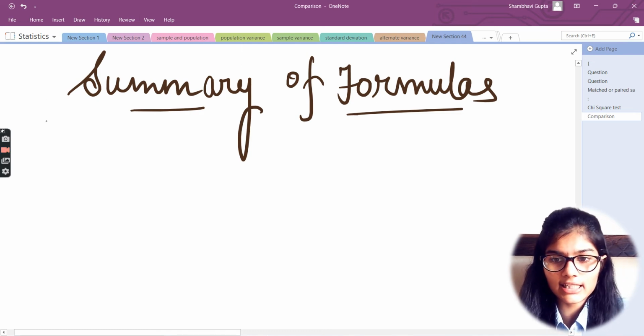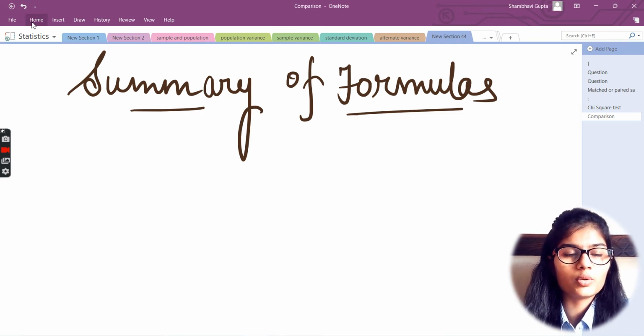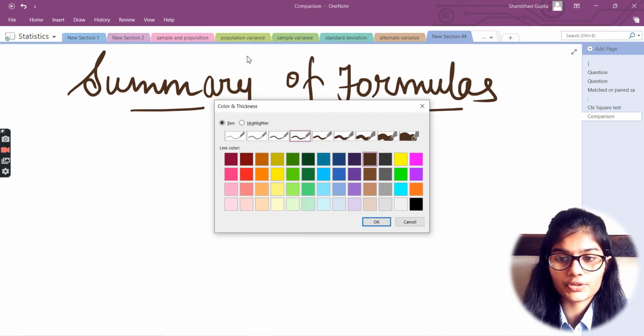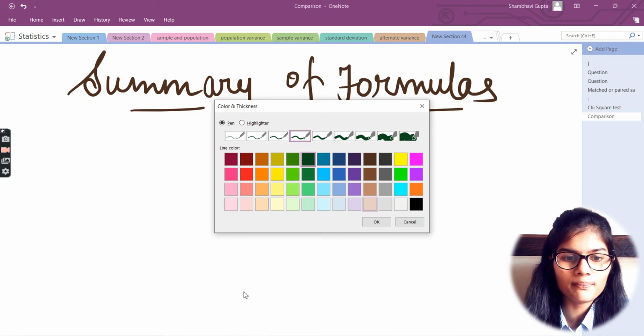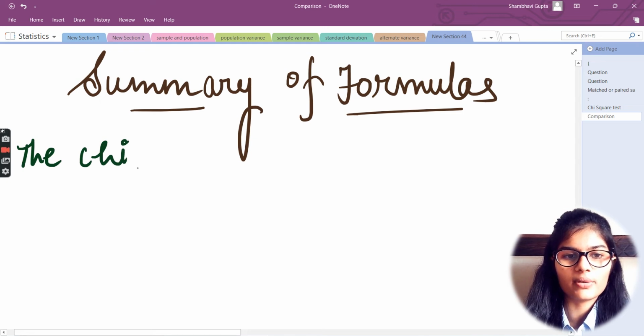Okay, so I'll be starting with the quick summary. Let me take a new color, let's say this one. Let's start. For the first thing, I'm going to quickly discuss the chi-square probability distribution.